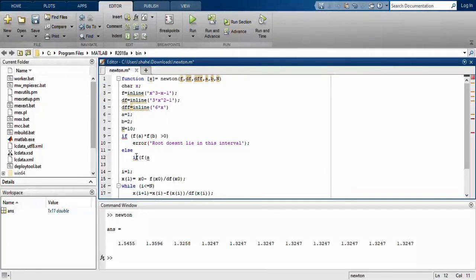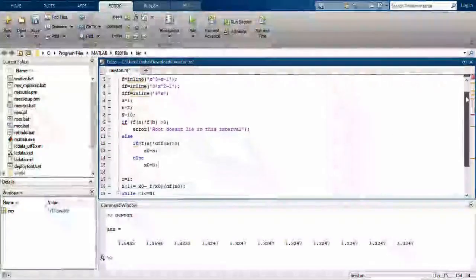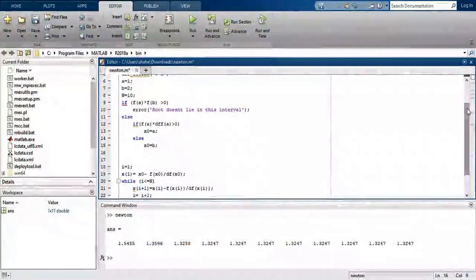If f of A multiplied by dff of A is greater than 0, same signs, then A is the root, x naught equals A, else x naught equals b. Then you can start with x naught. This is all the prerequisite condition for this.